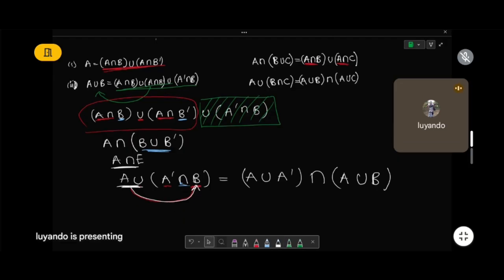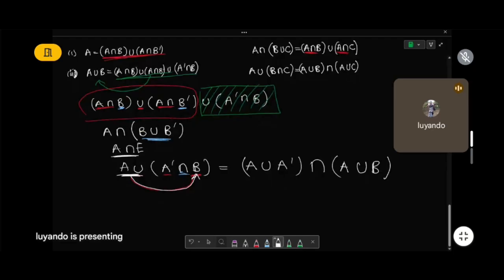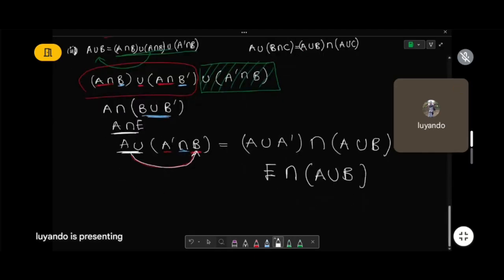We know what A union A complement simplifies to. It is the same as having B union B complement, which we simplify to the universal set. So this will be equal to the universal set intersection A union B complement. Whenever you take an intersection of the universal set with anything else, it will just be that other thing.